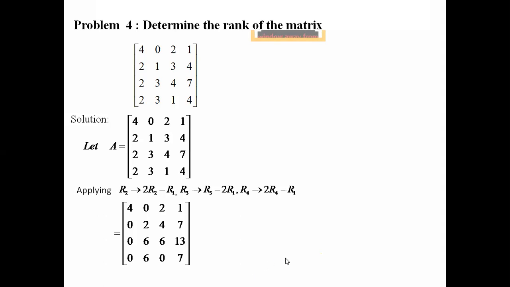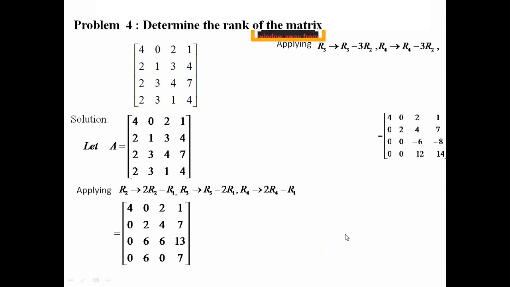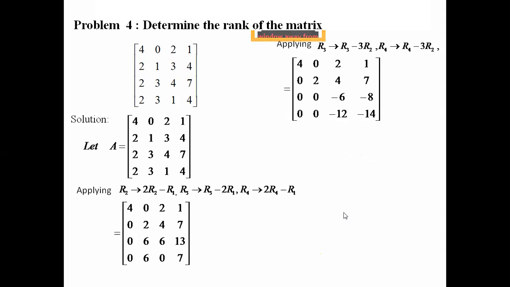So the operation performed here is R3 minus 3 times R2. For R4 also, R4 is replaced by R4 minus 3 times R2. If you do this operation, we simply get this matrix, right? See the elements, perform the operation yourself, and write all the values here.